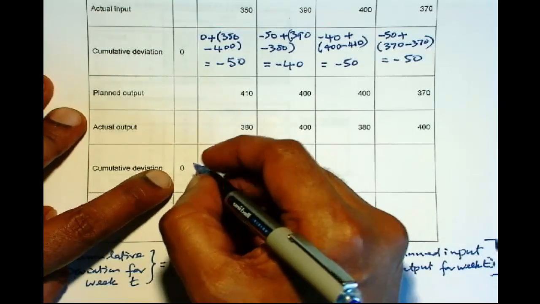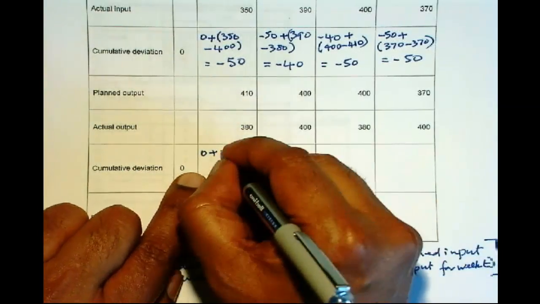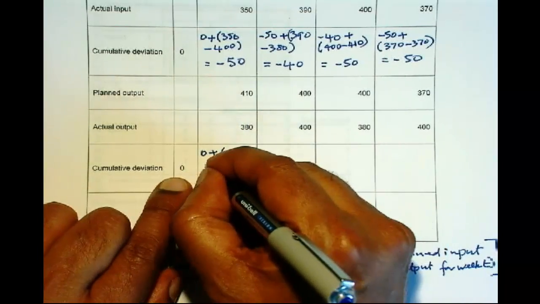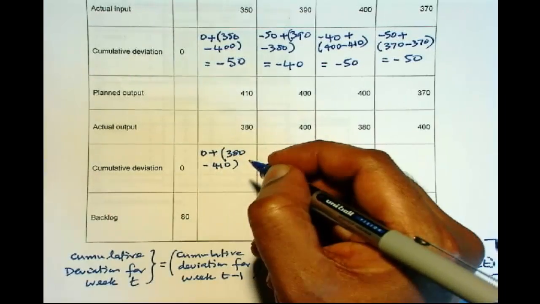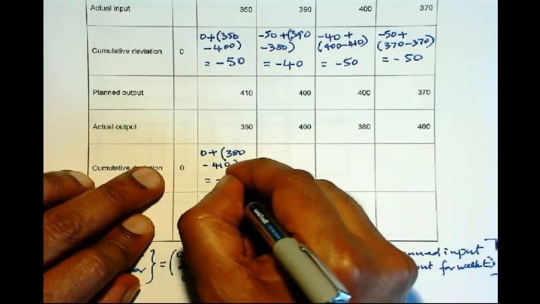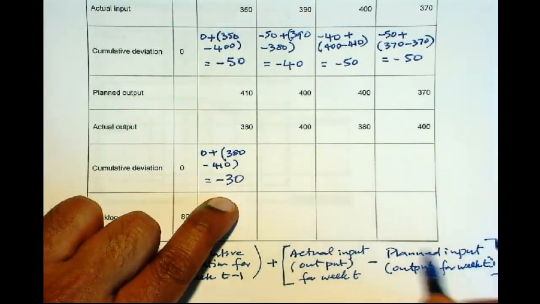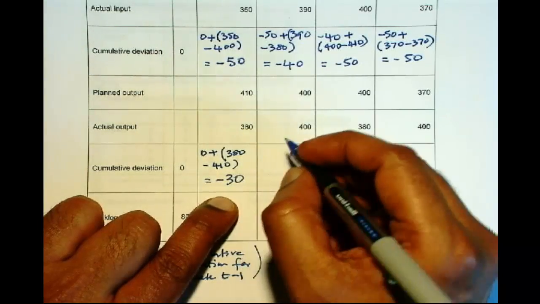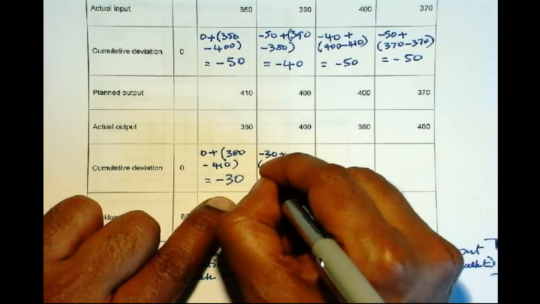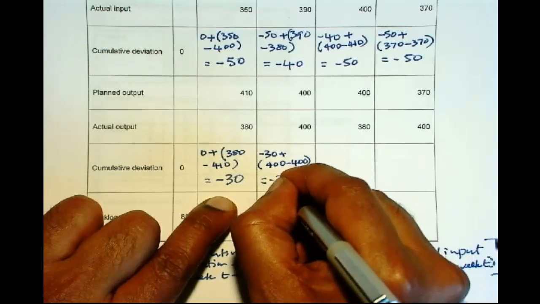So we start with 0, the previous cumulative deviation, plus the actual output minus the planned output. So the actual output is running 30 units, usually it will be in machine hours, lower than what we were planning. And then minus 30 plus 400 minus 400 gives you minus 30.